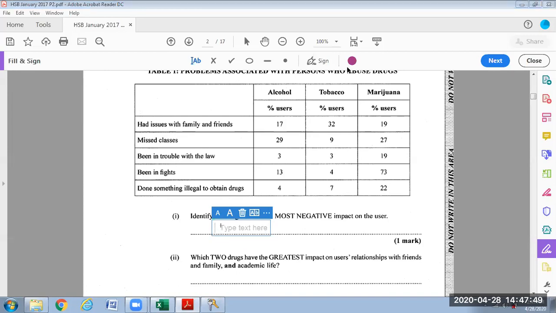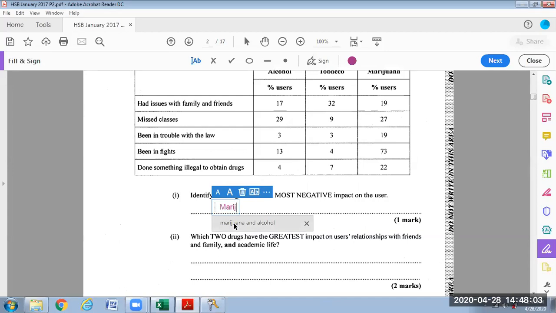Marijuana has 160, tobacco only has 55 in total. So the answer is marijuana. And they're gonna legalize it, huh? Imagine that.